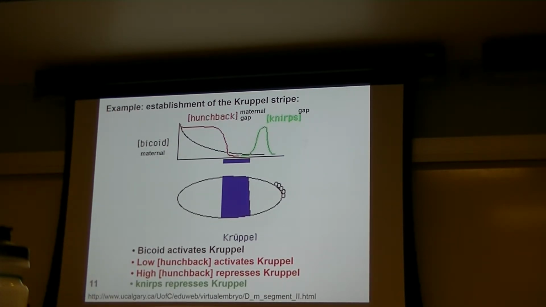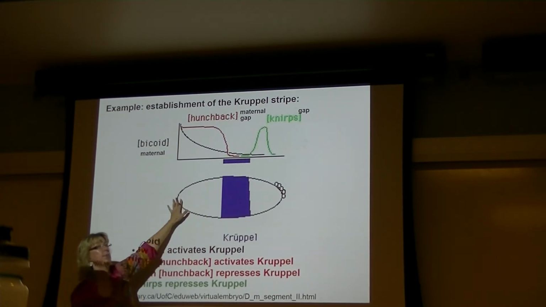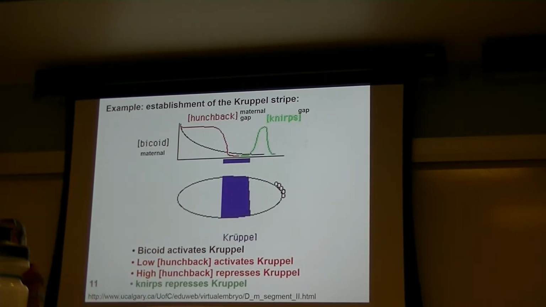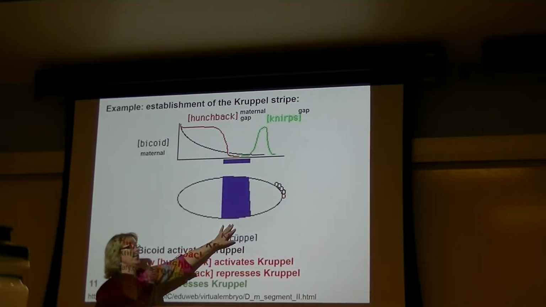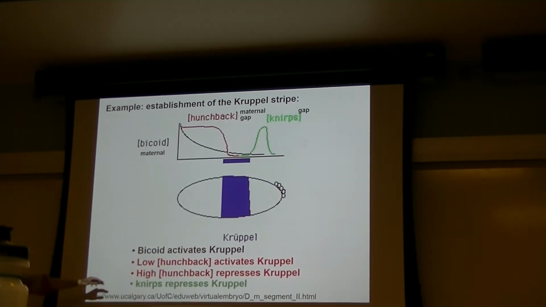But on the other hand, Hunchback is repressing Krüppel. So that's going to eliminate some of this highly anterior portion of the embryo, because that's where Hunchback's highly expressed. And so to meet both of those conditions, now Krüppel has to be expressed in only a middle portion of the embryo. Knirps is down toward the posterior end, and it's limiting the border of expression from that side of the embryo. So that's going to give you a broad swath of expression for the gap genes.